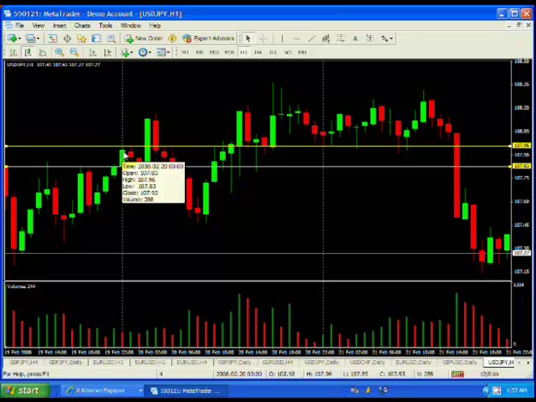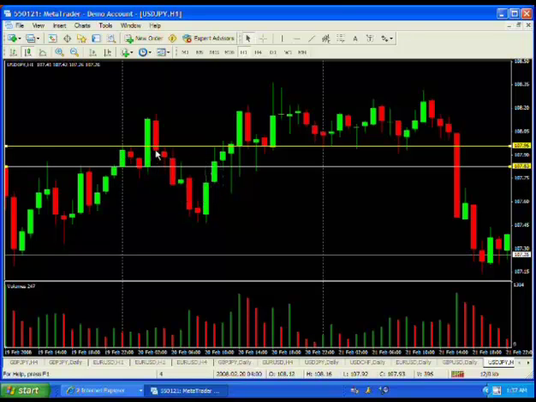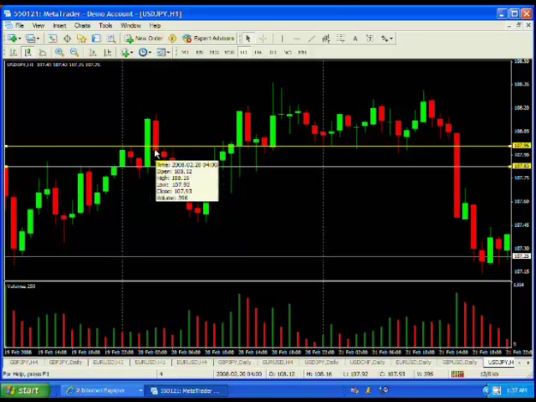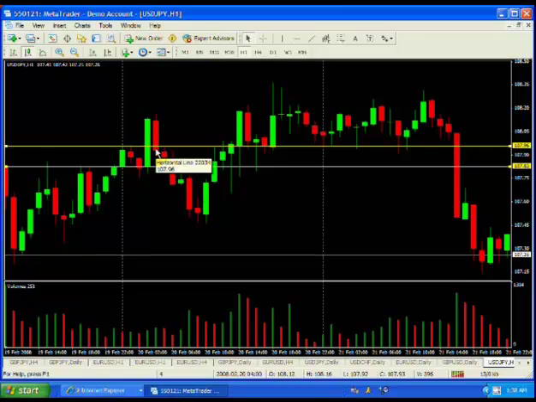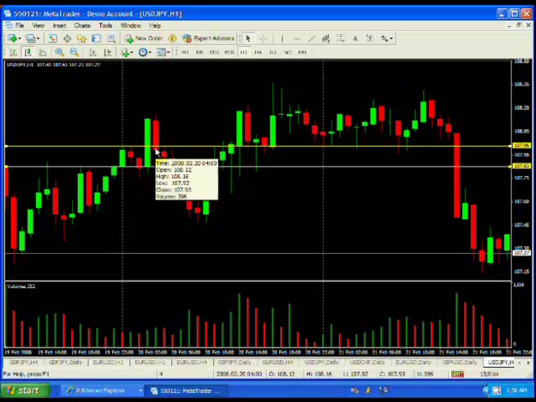Even though we have a long signal, it's time to get out. Why is it time to get out? Because we closed back within the range of the 1 hour bar. And so now, once we close within the range, once again, the top of the range becomes resistance.